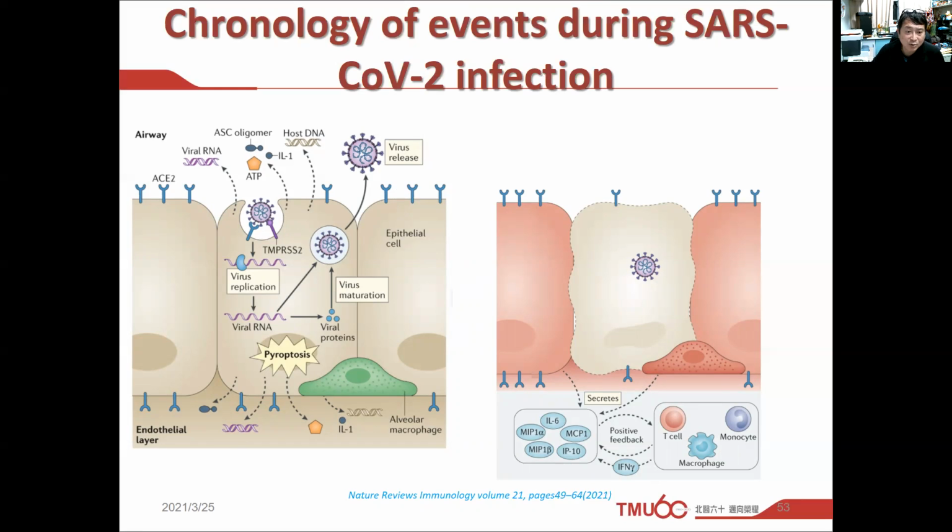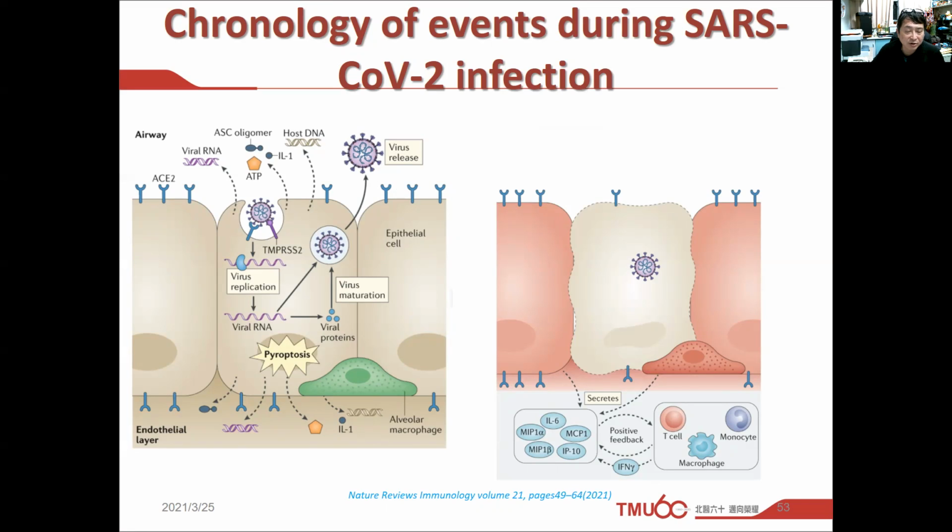The first ones are the macrophages, kind of like dendritic cells. They will sense it. Also, damaged tissue will release a lot of pro-inflammatory cytokines, for example IL-1.